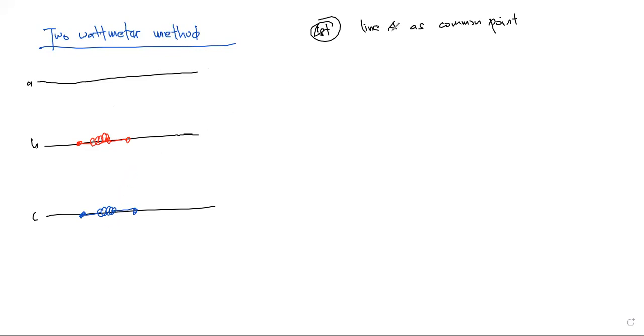So if you have the common point, you have to avoid having the wattmeter in that given common point.